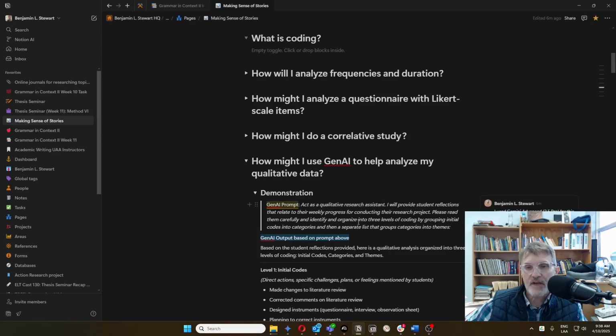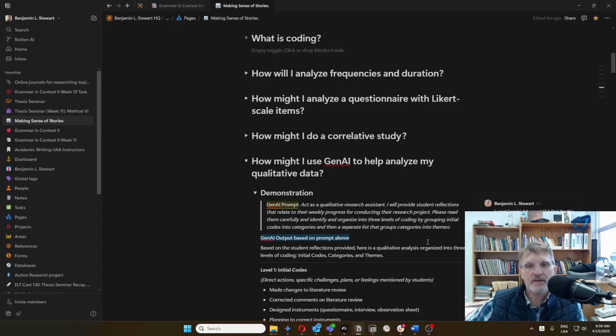It reads as follows. Act as a qualitative research assistant. I will provide student reflections that relate to their weekly progress for conducting their research project. Please read them carefully and identify and organize into 3 levels of coding by grouping initial codes into categories, and then a separate list that groups categories into themes.